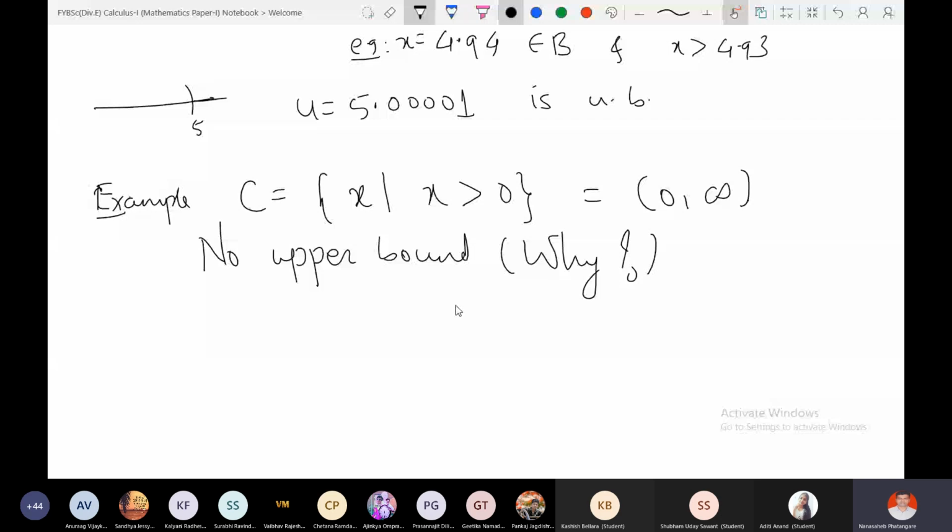But why? Can you write down the proof that this set has no upper bound? Mathematically, technically, how will you write it? That means set C is not bounded above.